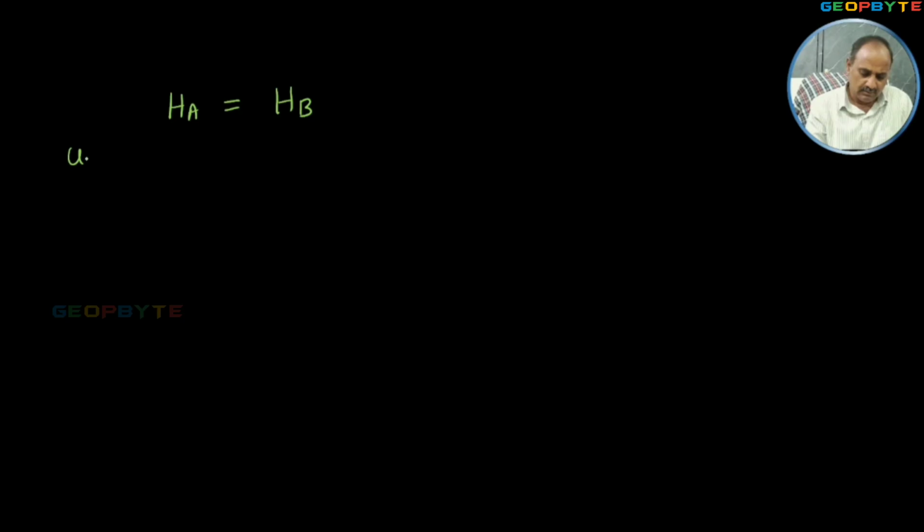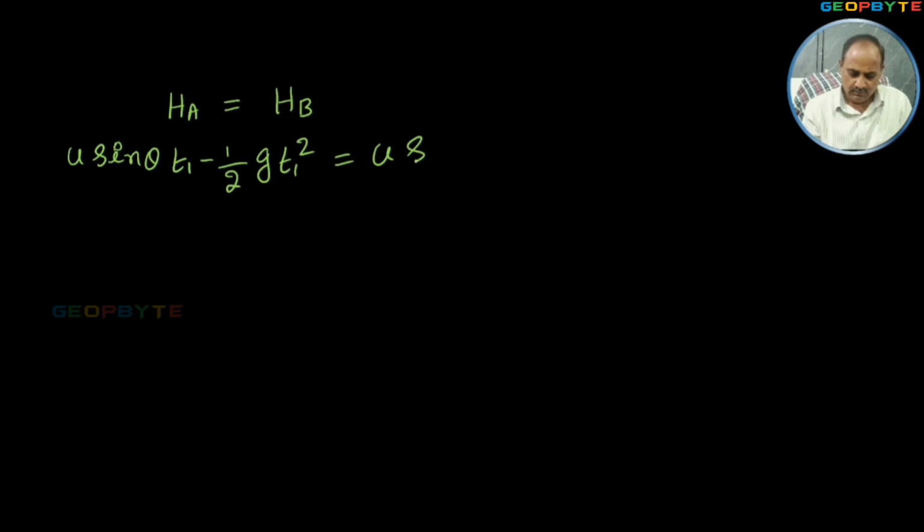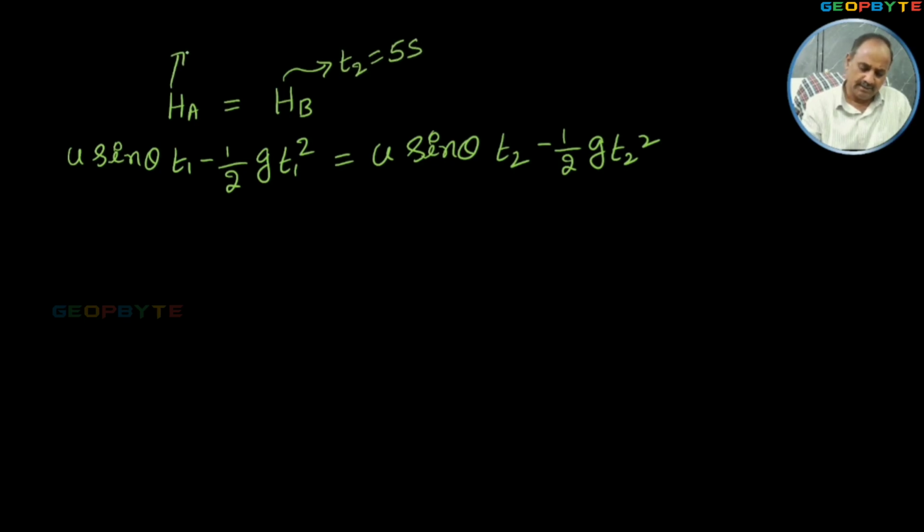So here I can write HA equal to HB. HA equal to u sin theta into T1 minus half g T1 square, equal to u sin theta, theta remains the same, into T2 minus half g T2 square. Here HB is at T2 equal to 5 seconds, and HA is at T1 equal to 3 seconds.